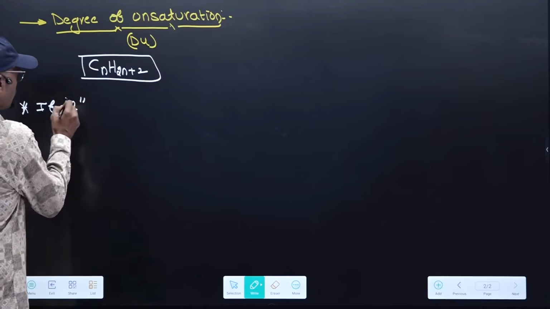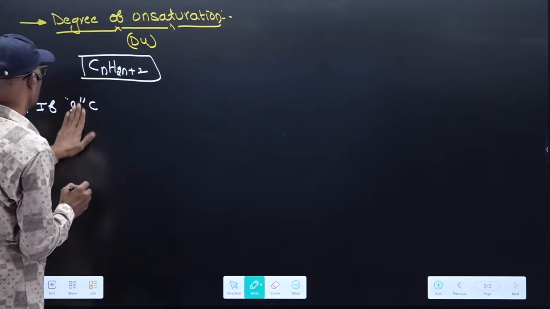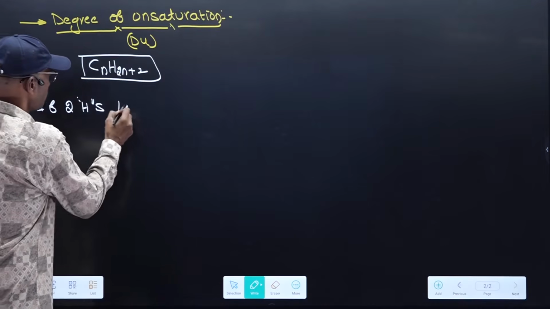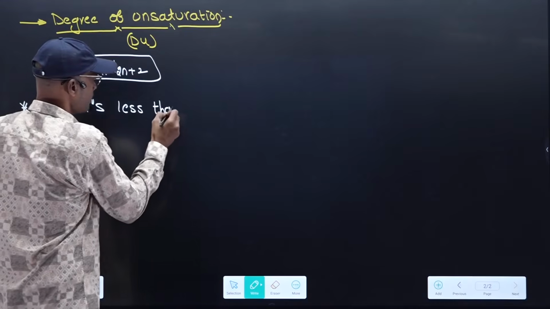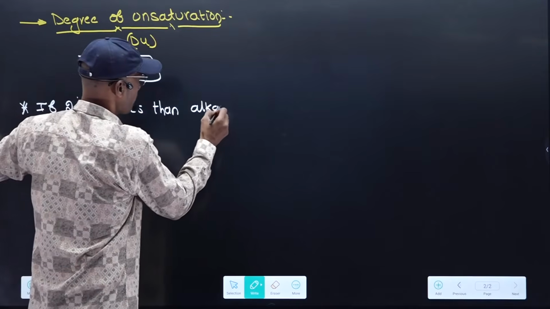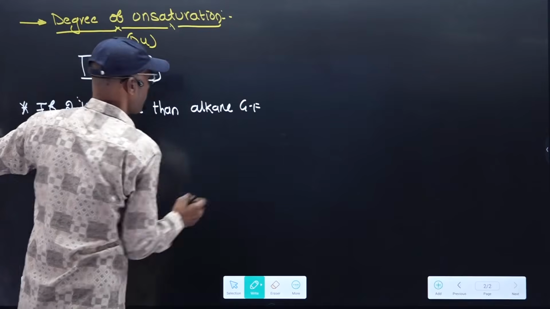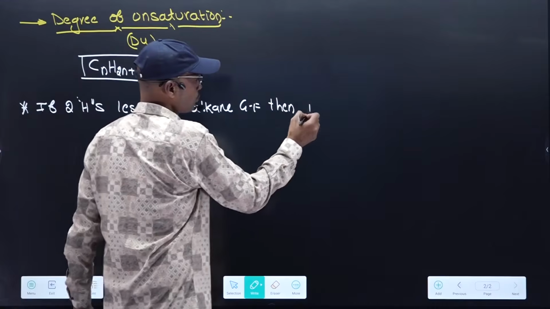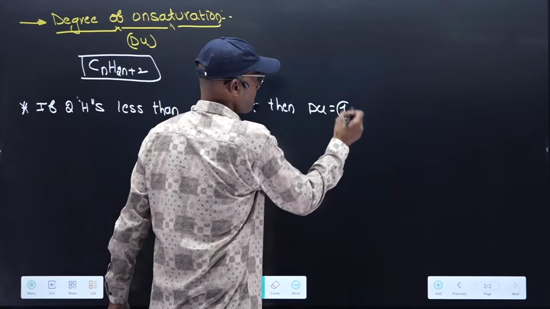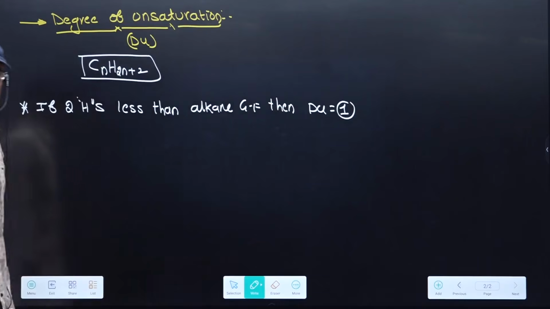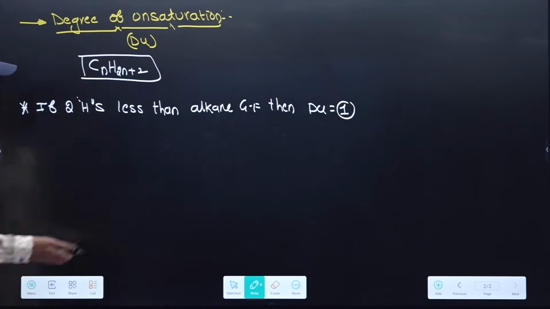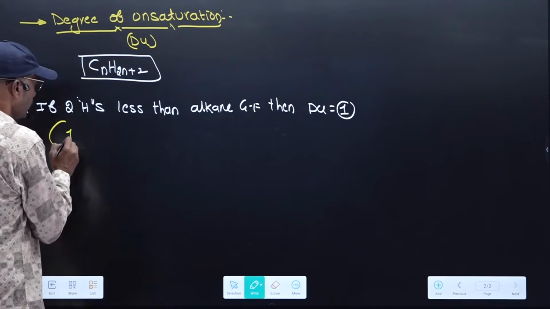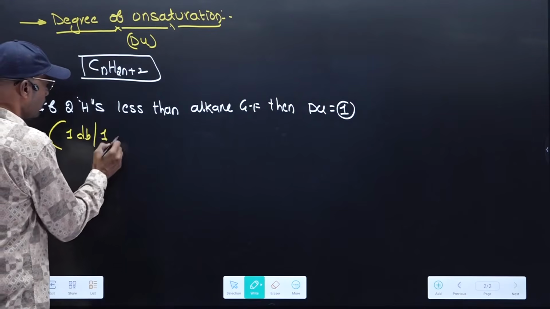If two hydrogens are less than the alkane general formula, then DU is equal to 1. When DU is equal to 1, the molecule may carry one double bond or may carry one ring.